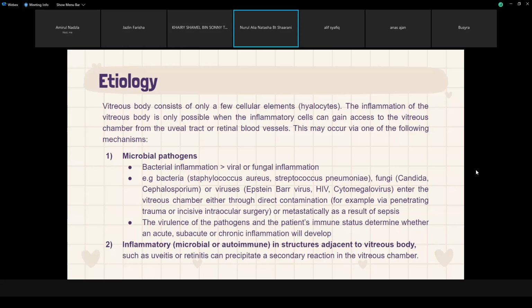Fungi include Candida and Cephalosporium, and viruses include Epstein-Barr virus, HIV, and also cytomegalovirus, which enter the vitreous chamber either through direct contamination, for example via penetrating trauma or incisive intraocular surgery, or metastatically as a result of sepsis. The virulence of the pathogens and the patient's immune status determine whether an acute, subacute, or chronic inflammation will develop. So, next slide, please.